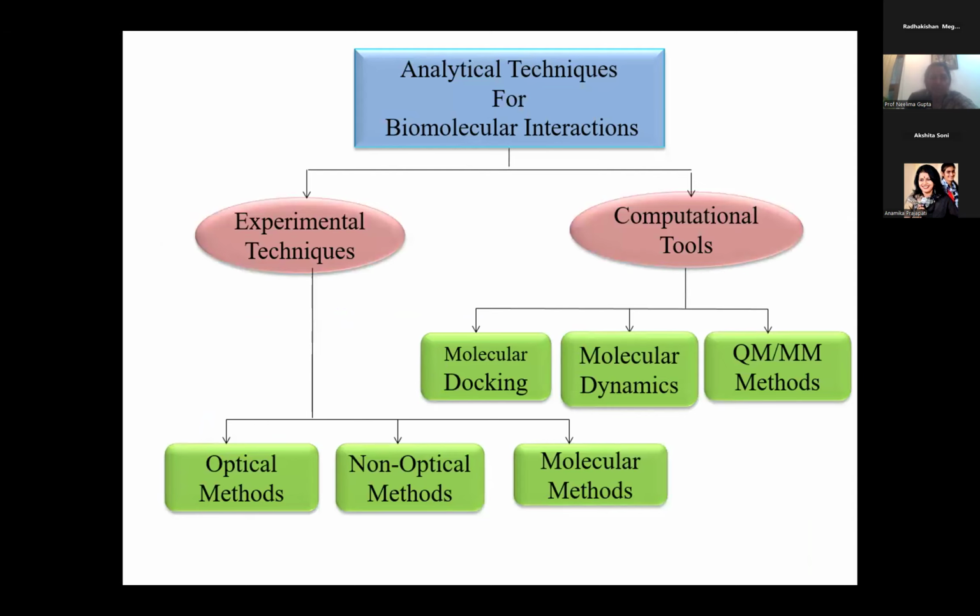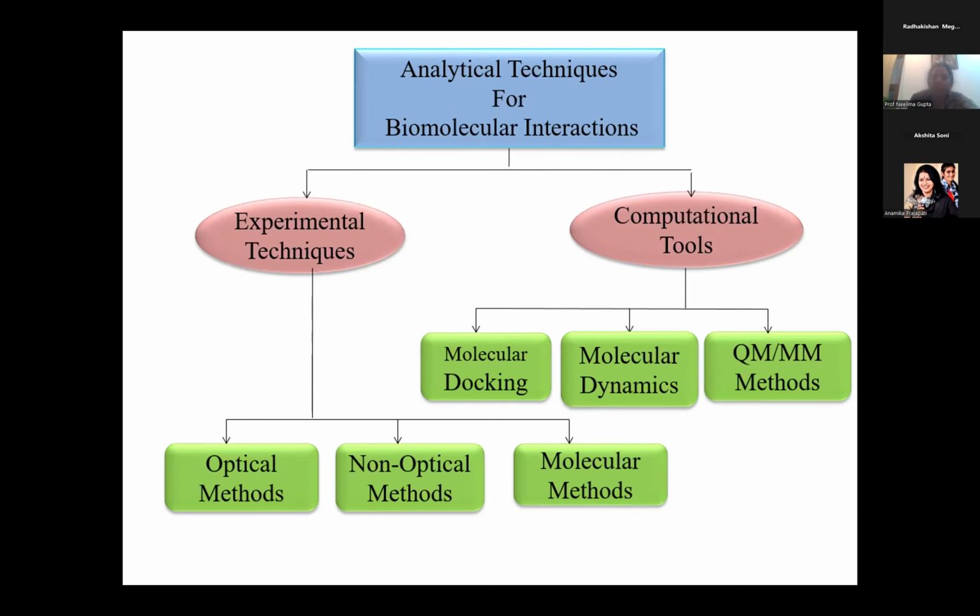So now here we can see in pictorial mode that the analytical techniques to identify biomolecular interactions may be divided into two types. First is the experimental techniques, second part computational tools. The experimental techniques normally may be categorized as optical methods, spectroscopic methods.